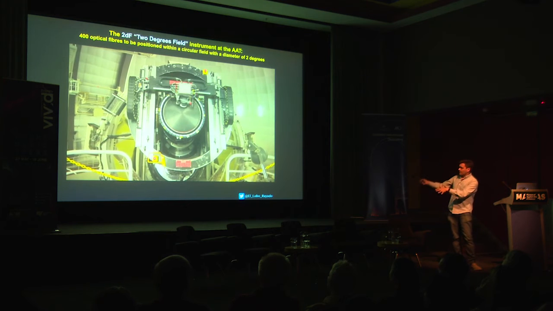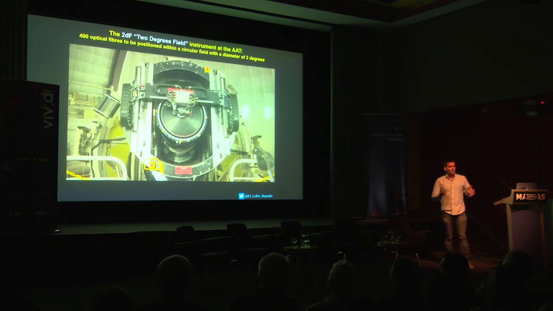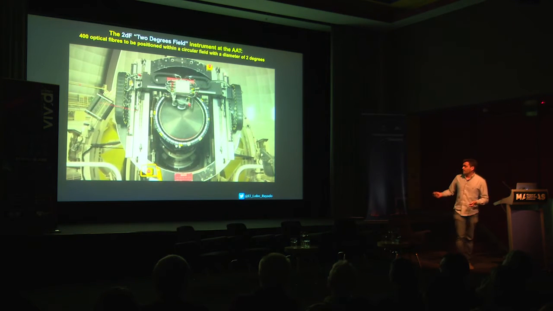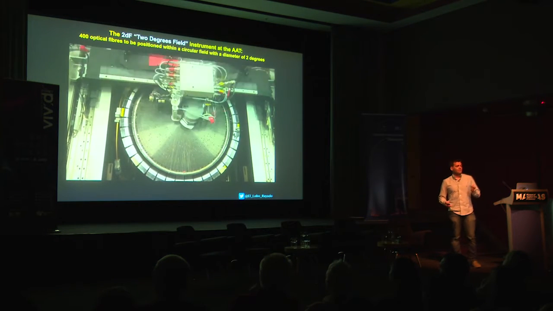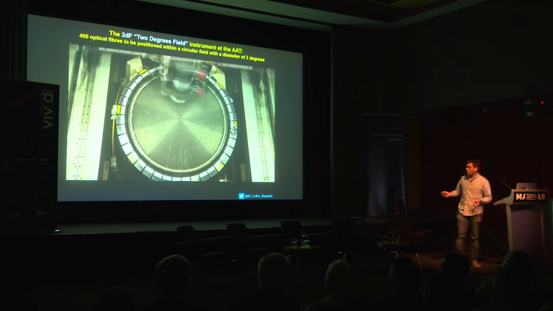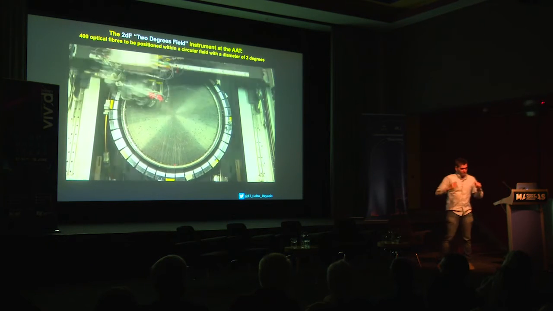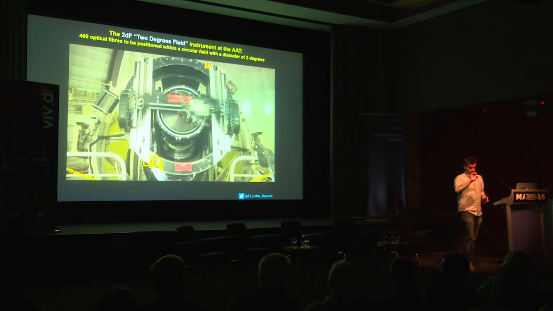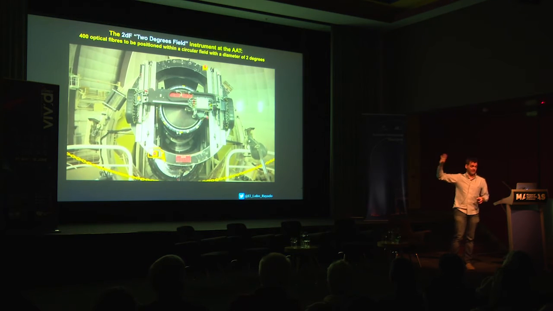But Australia and the Australian Astronomical Observatory have developed really powerful instruments that are able to do much better. That is the 2 degree field, or the 2dF instrument at the 3.9 meter Anglo-Australian Telescope, which is just a plate more or less this size. In that plate, you can put 400 optical fibers in the position you want so that you can observe at the same time 400 objects in the sky.